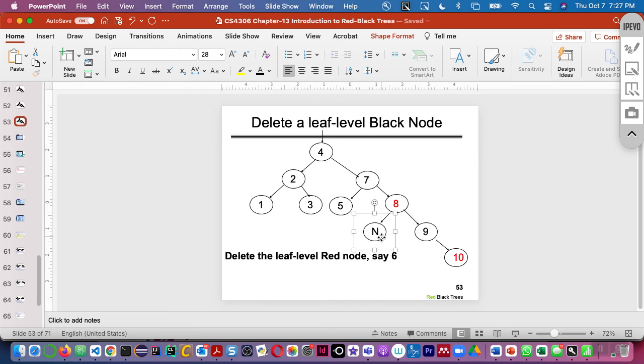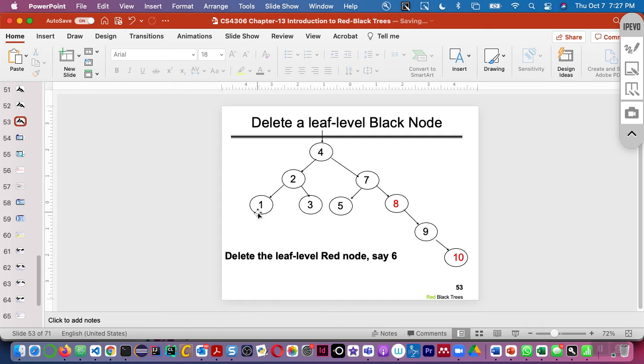This null will be deleted, so that no longer exists. The fact that there are two paths doesn't matter. So this is 1 2 3 black nodes, this is 1 2 3, this is 1 2 3, and this is 1 2 3. It's okay.